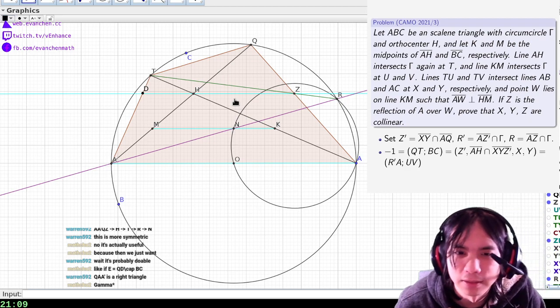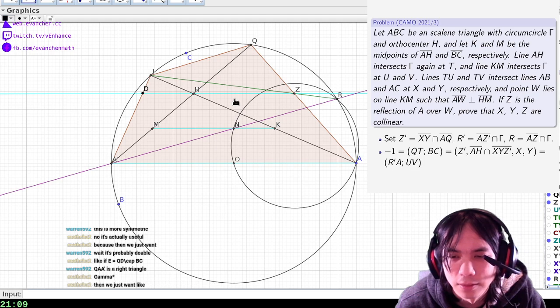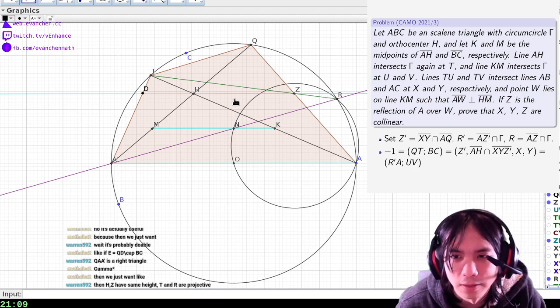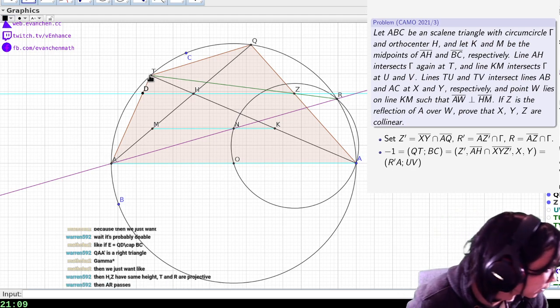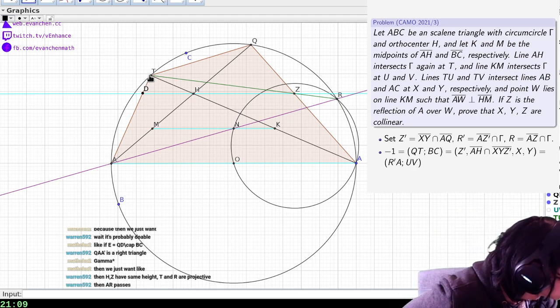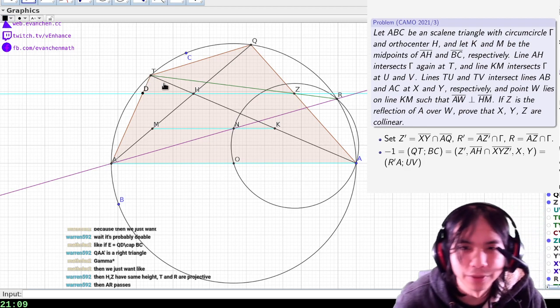A prime QZ. Oh, is T not needed? Is that what's happening? Please add QD intersect gamma.